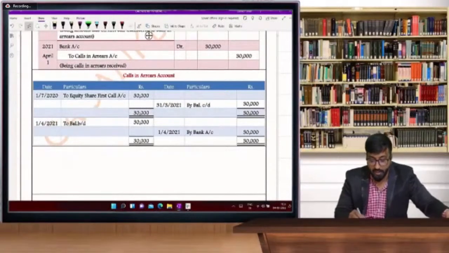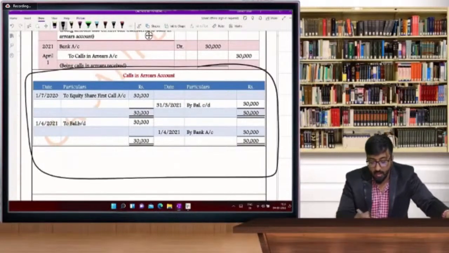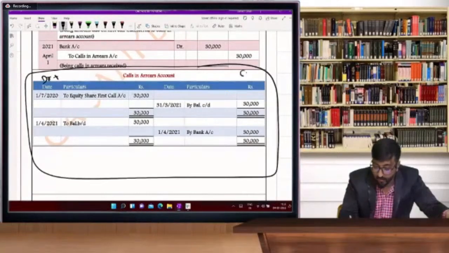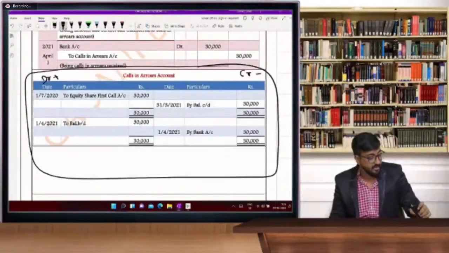Chalo, write down this calls in arrears account and tell me once done. Always debit plus, credit minus.